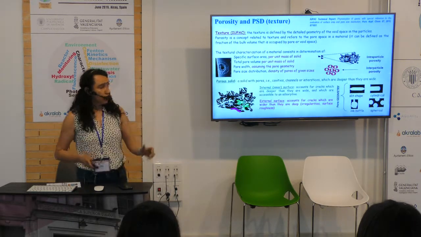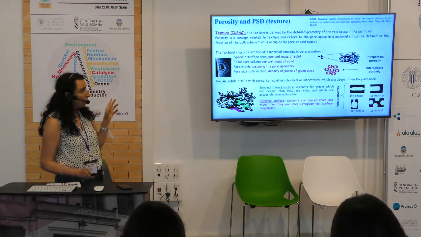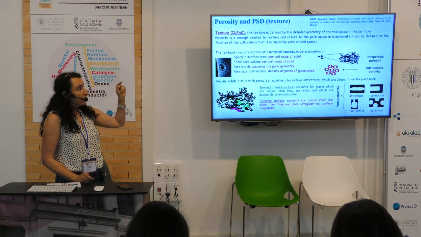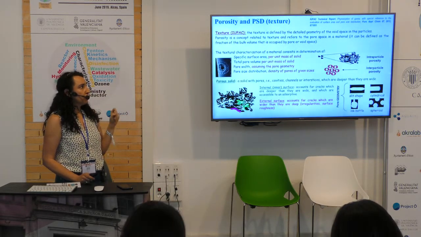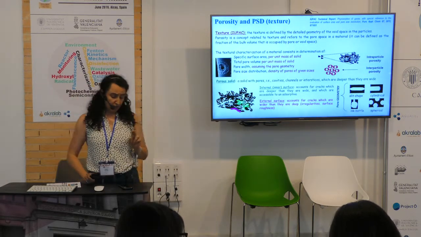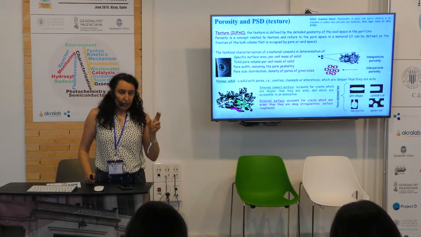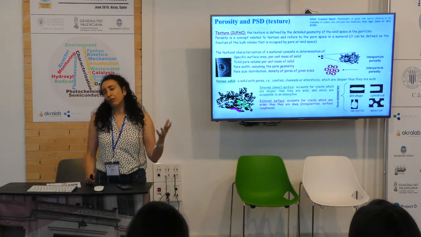Here you have the definition of porosity and the definition of texture according to IUPAC, and then you have the cite of the recent technical report of IUPAC, which was published in 2015. You have to consider that nowadays we all want to use the word nano for everything.